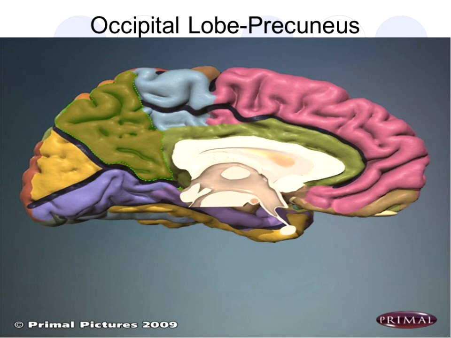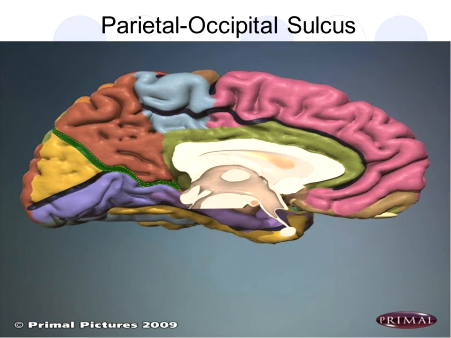Then the occipital lobe from the sagittal point also has structures called the cuneus. You have the precuneus, which is here, and then you have the cuneus, which is this yellow one there.